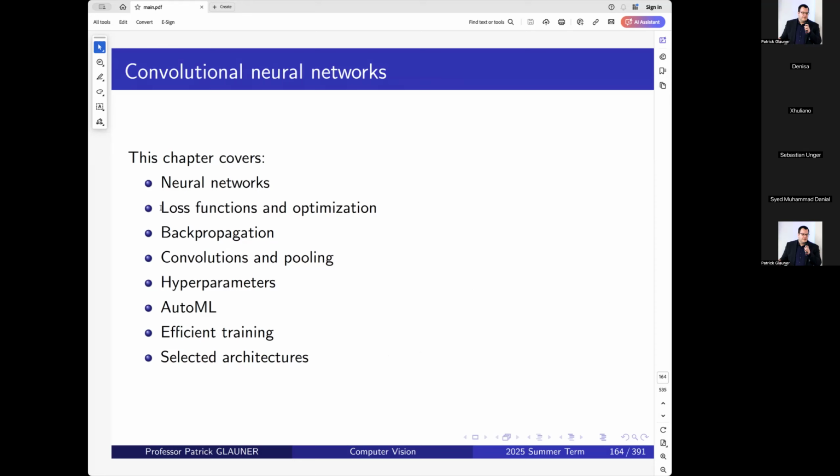And that's why we will first look a little bit more into how neural networks work and some fundamental terms, and then you should be okay with them, and then we can use them for convolutional neural networks. One more thing: if you are from the undergrad AI programs, in 2 terms from now, in the 6th semester, there's also a deep learning course, which is currently taught by Professor Wahl.